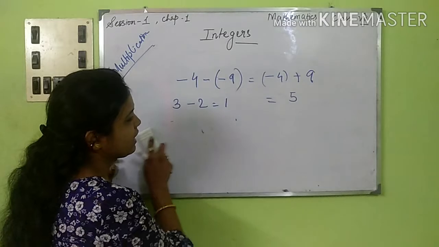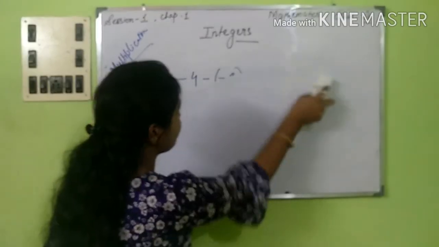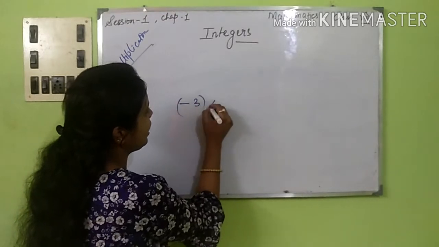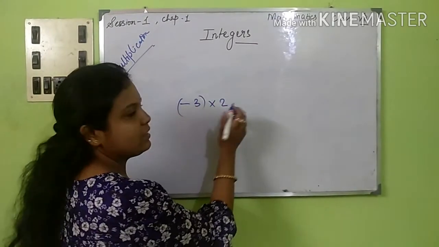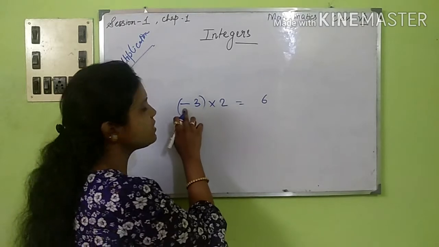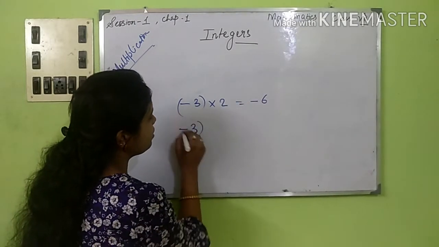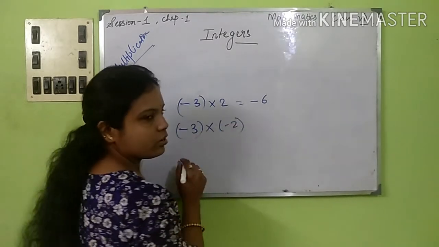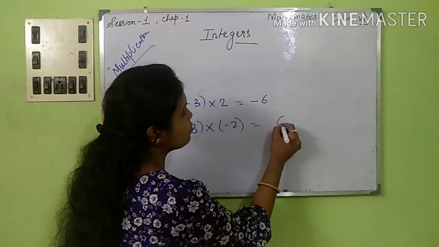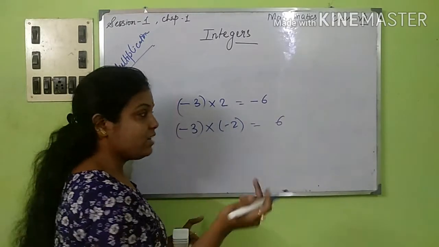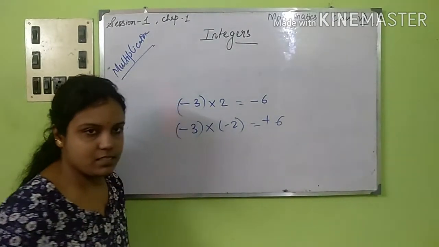Next, coming to multiplication. Multiplication is very easy. Just see, minus 3 into 2. First you multiply these two digits, you get 6. Now which is the sign here? Minus. Again, minus 3 into minus 2. First multiply, 3 into 2 is 6. Now minus minus is plus, so the sign will also come to plus.